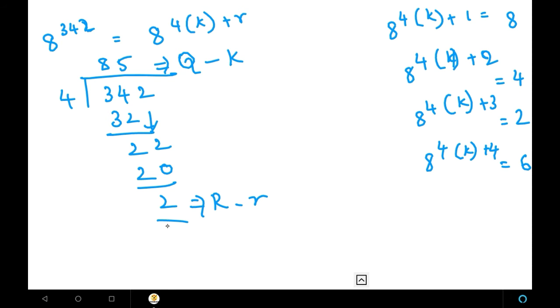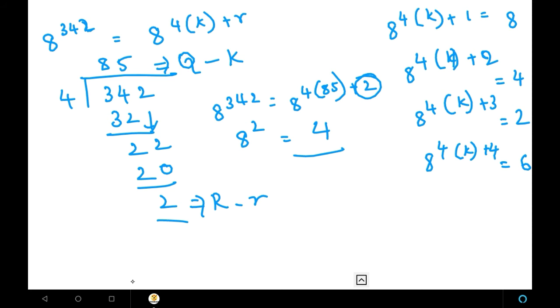Here we have got the remainder as 2. So I have to write this 8 power 342 in the form of 4 into k plus r. So it will be 8 power 4 into 85. When I multiply 4 into 85 and add 2, I should get 342. So here the remainder is 2. Then we should consider it as 8 power 2. If it is 8 power 2, then the units place will be 4.